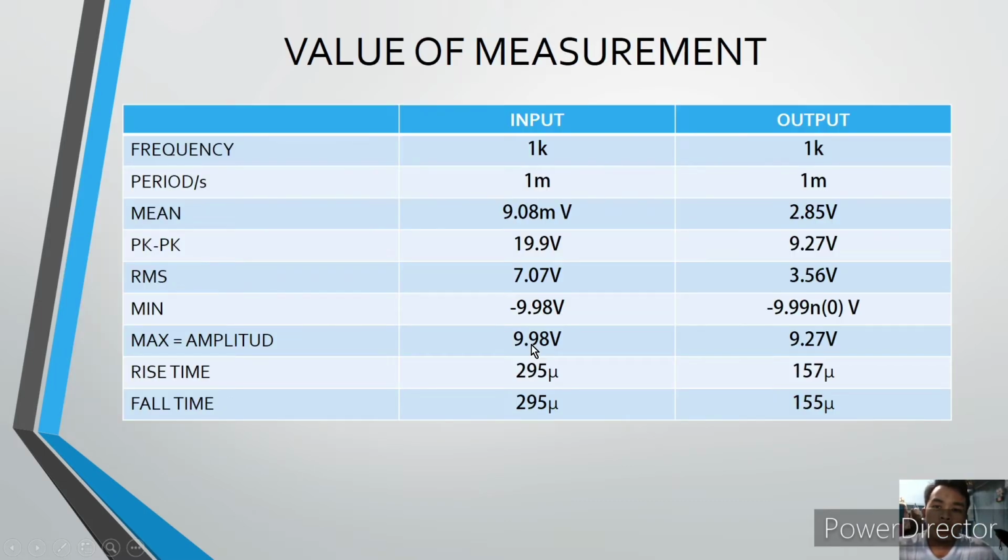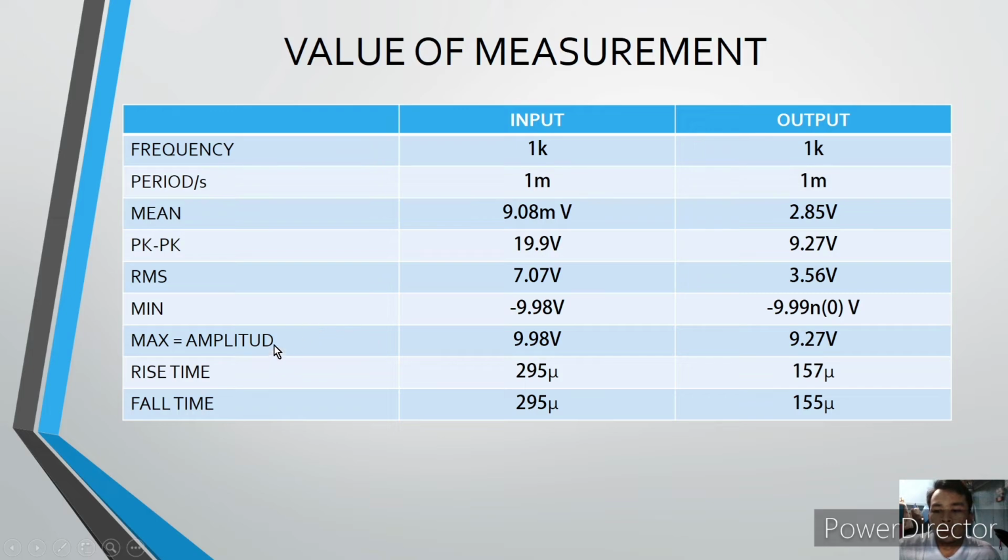Next, for the value of measurement, we can see the frequency and period between input and output have the same value, which is frequency 1 kHz and period 1 millisecond. Besides, for peak to peak and value of RMS, the input signal is greater than the output signal. For the minimum value, the input signal has a negative value while the output signal is 0.